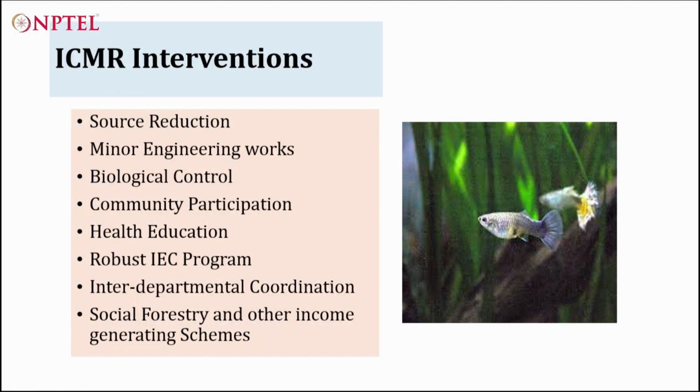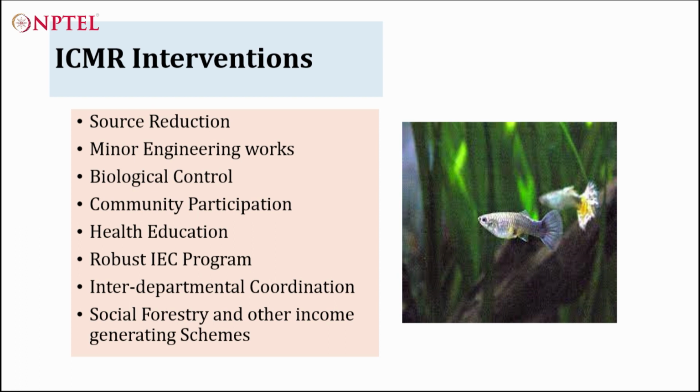So, we developed certain interventions for the control of the mosquitoes. Number one, source reduction: eliminate the breeding sources, minor engineering methods, biological control through the use of fishes so that they can eat the mosquito larvae. Community participation was the key component, the key tool. How the community can be involved in the program, how we can create awareness, how we can engage the community.